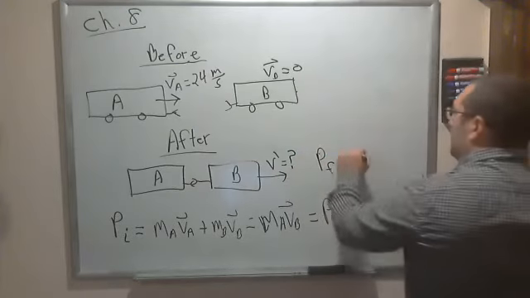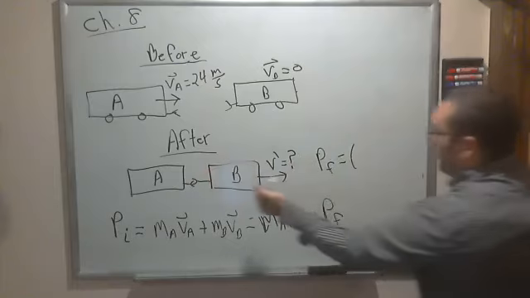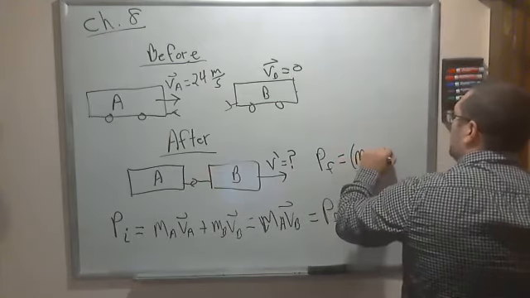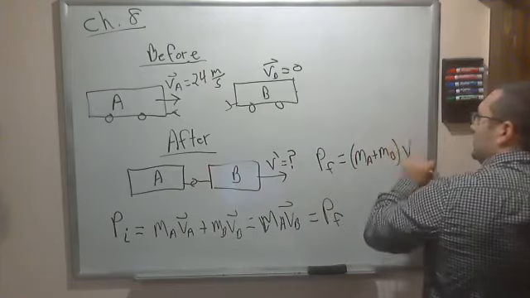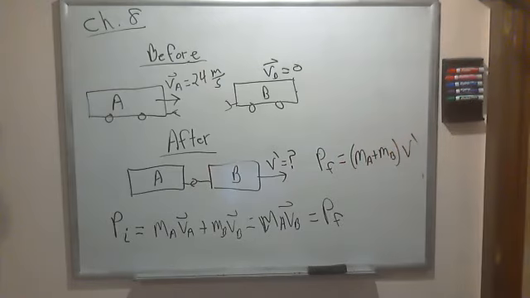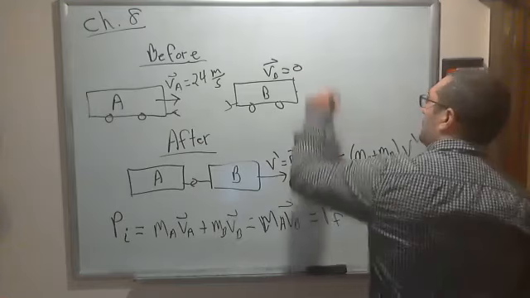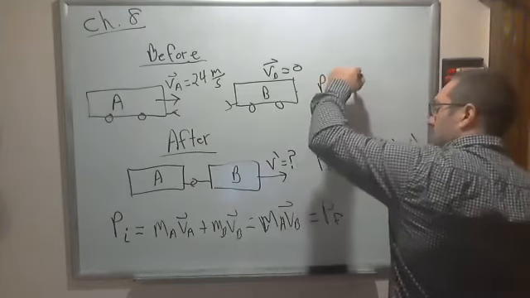Here, the final momentum, since they're both moving at the same speed, is equal to the mass of both cars times V prime. Let me just write PI up here.